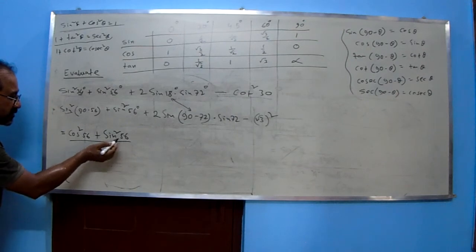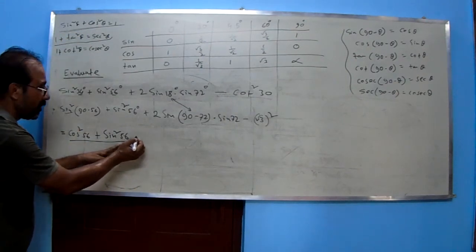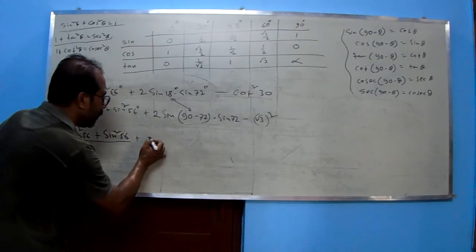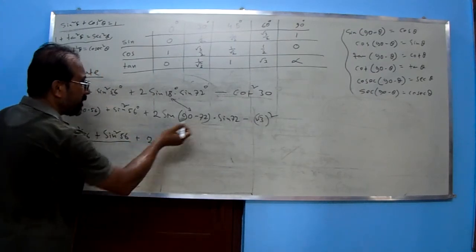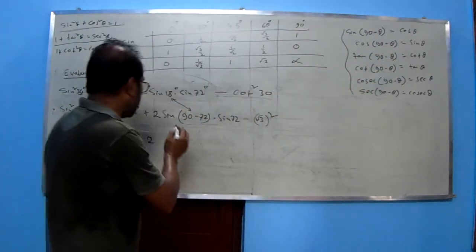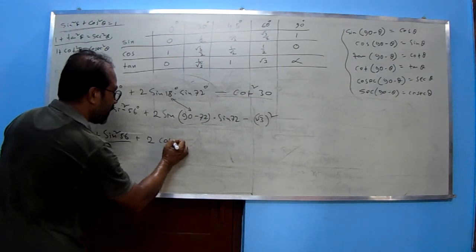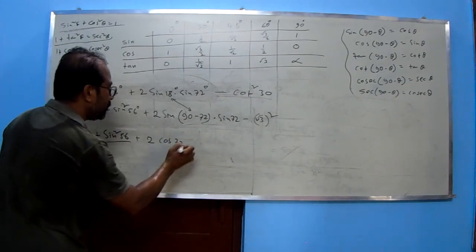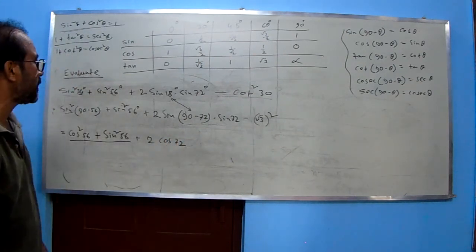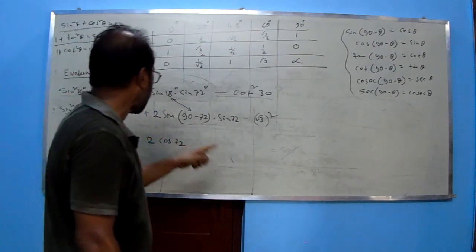Then 2 into sine 90 minus theta again means cos theta, cos 72, into sine 18.